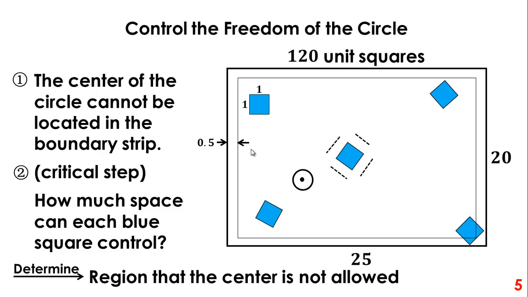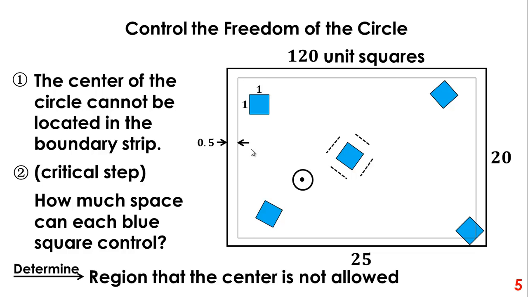So here I draw some dotted lines near a blue square. You can see the center of the circle cannot be too close to this blue square. The distance from the center cannot be closer than 1/2 of the unit to any point of the blue square.